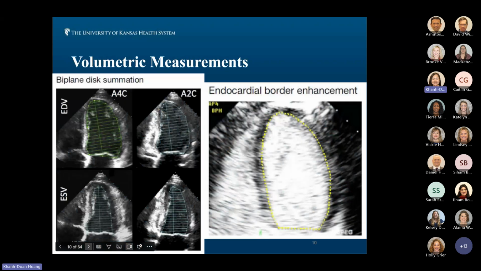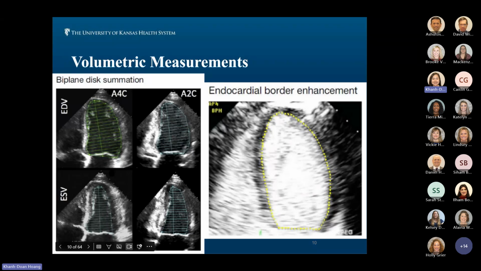Guidelines recommend volumetric measurements to calculate ejection fraction, and this can be done by using a modified Simpson's biplane. Essentially, you're making geometric assumptions. So you're assuming that your LV cavity long axis is perpendicular to your short axis cross sections, and the LV cavity is traced at the blood pool interface.